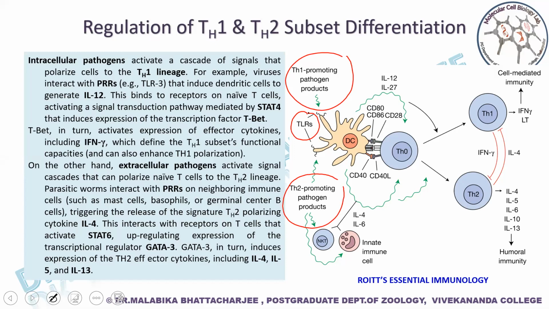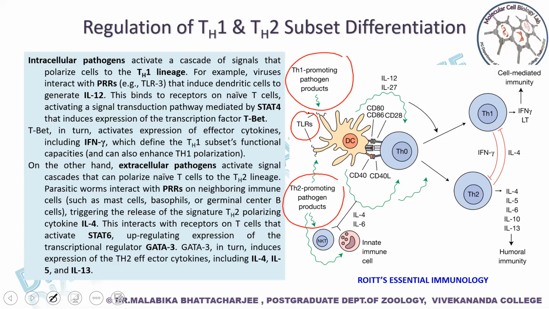Some receptors for TH1 PAMP and some receptors for TH2 PAMP. So it depends on whether the pathogen is binding to the pattern recognition receptors associated with the TH1 PAMP or the pattern recognition receptor associated with the TH2 PAMP. This binding actually decides which pathway, which signaling will start.